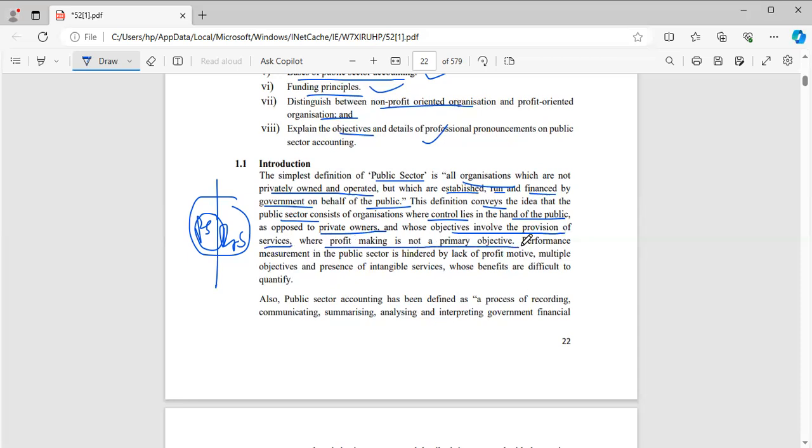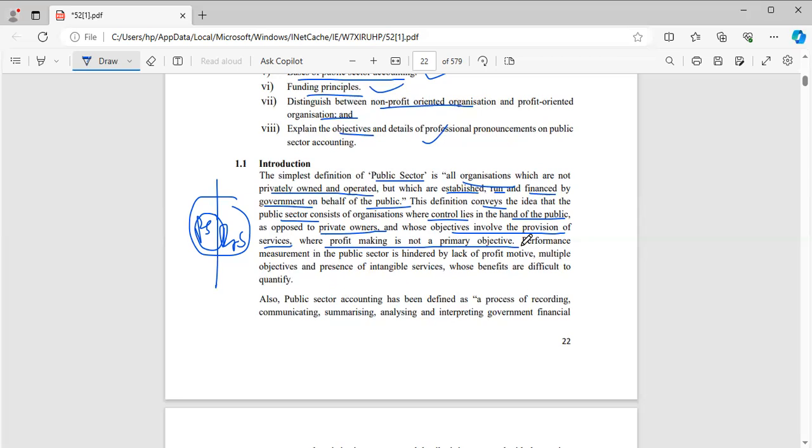So now we know that public sector talks about all organizations owned by the government, financed by the government, established by the government on behalf of the public. All right? And another thing to know is that all public sector organizations basically are not operated for profit making. That is the general understanding.